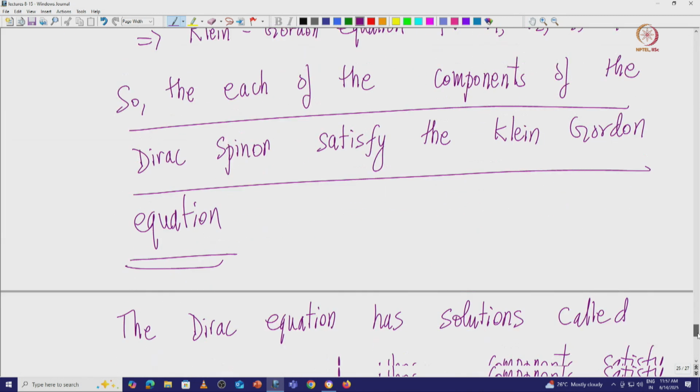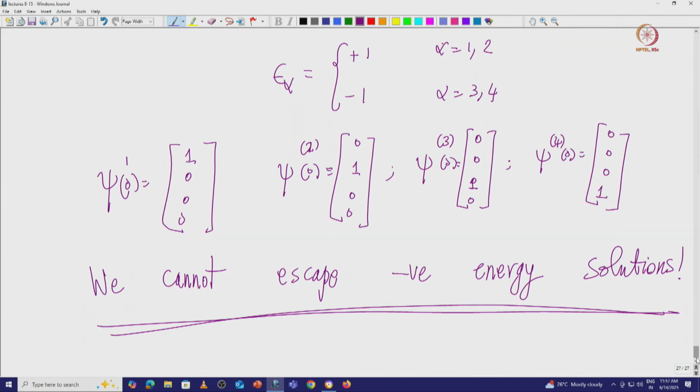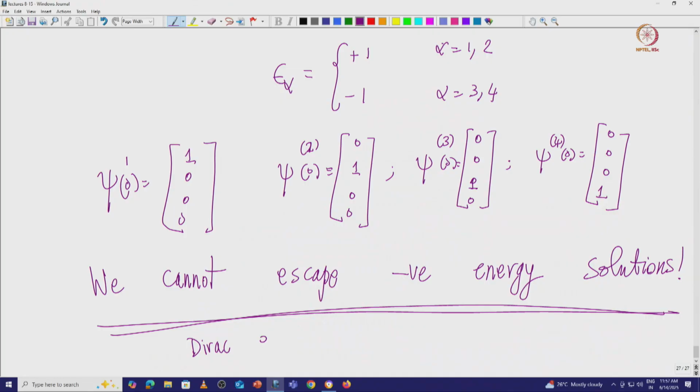But the main difference between the Dirac equation and the Klein-Gordon equation is not the presence of negative energy solutions. The main difference is that Dirac solutions have a positive norm, as we will see essentially.